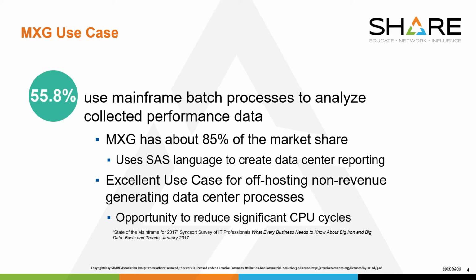Of those people that are doing this still on the mainframe, MXG has about 85% of the market share. And so I'm going to be talking about MXG and SAS through this because MXG is very easy to very quickly, like 2-3 days, you've got it moved off the mainframe onto this coprocessor. So it's a really excellent use case.